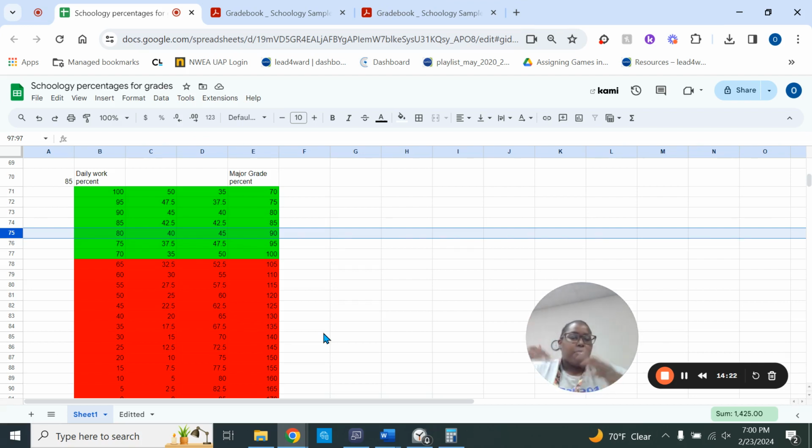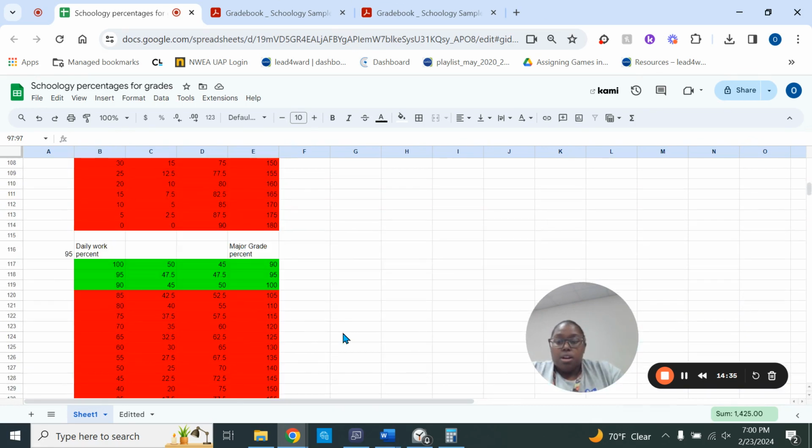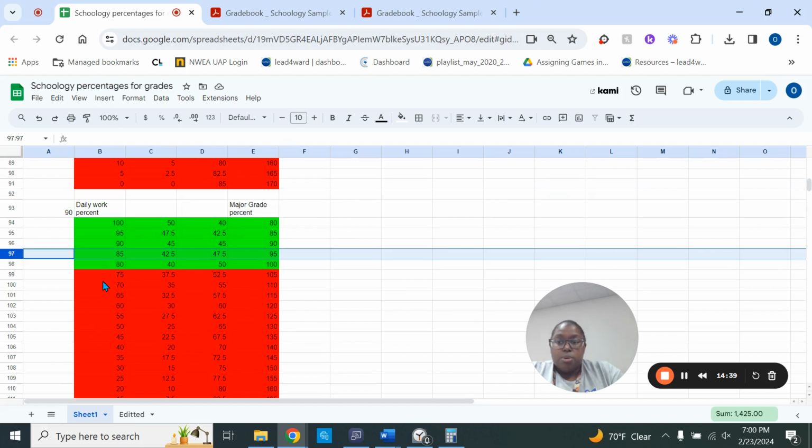They're somewhere in that range with these percentages. So they have a high B, because they haven't reached this marker yet. They would have to raise their daily works up a little bit more to get to the 90, because right now they have the 95, but they're only at 80% for daily work. So they would have to raise it by 5% to get to that 90 percentile.